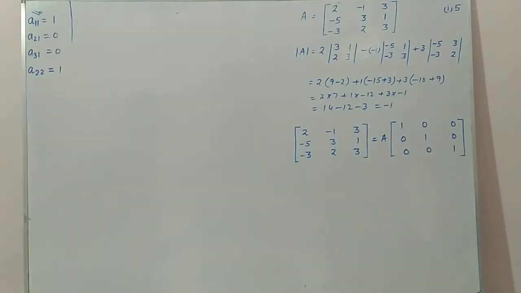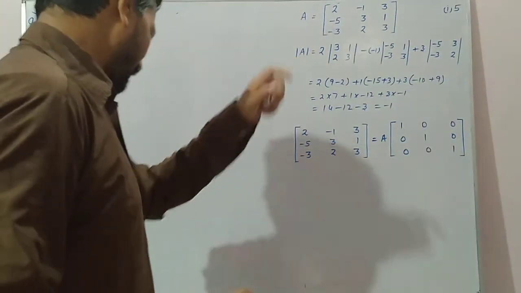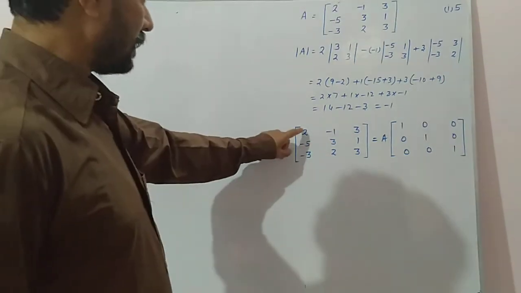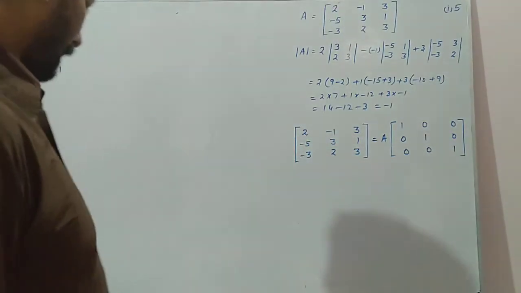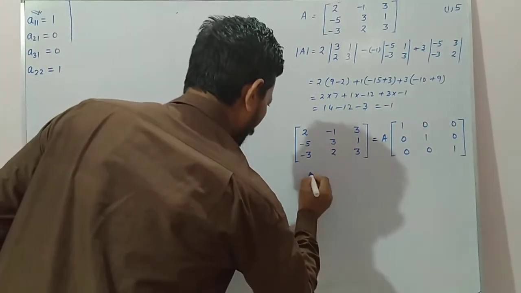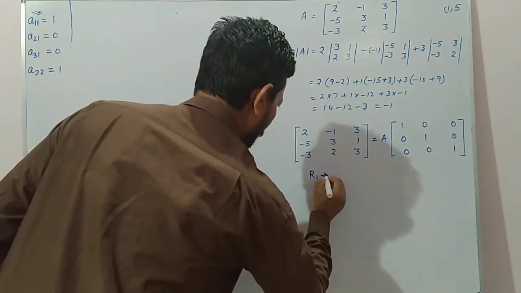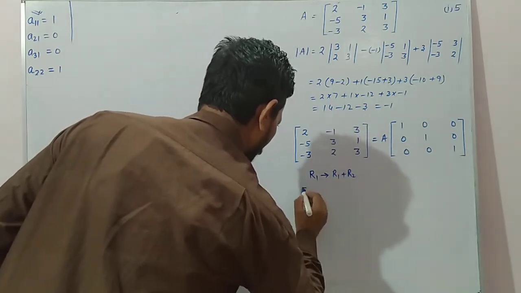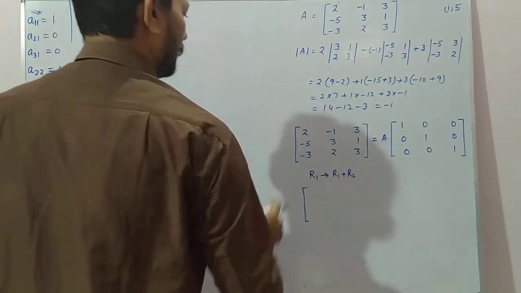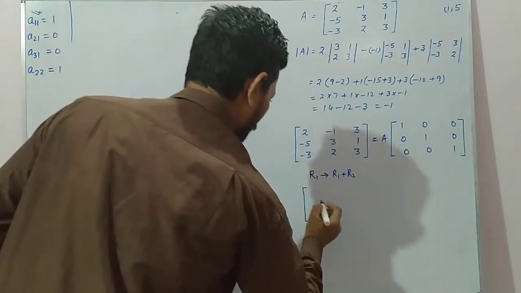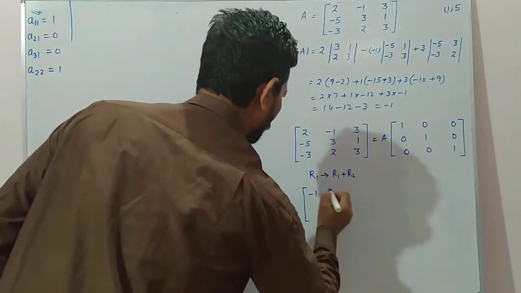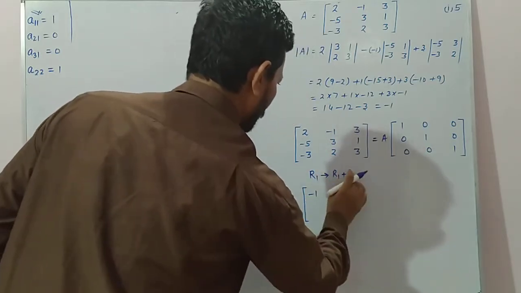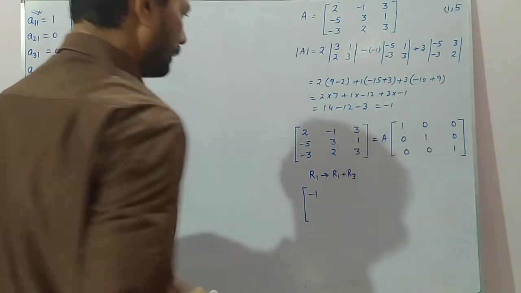So here first of all we have to make this one 1. So for that we can write R1 changes to R1 plus R2. So R1 plus R2, that is what?